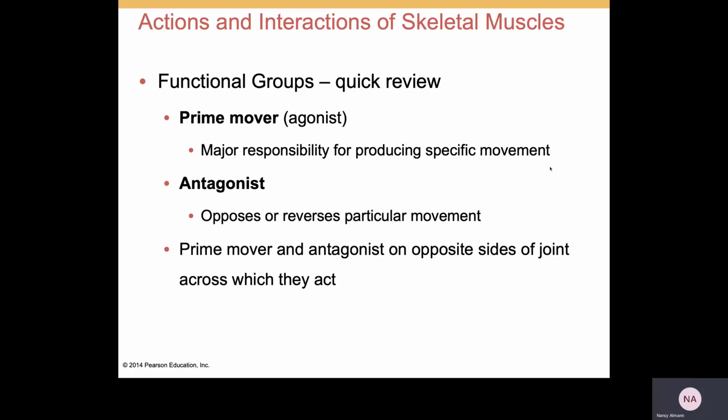And the reason that we have that is because we do not want the joint which sits between them to get damaged, because of course the prime mover and the antagonists will be on opposite sides of the joint upon which they act.